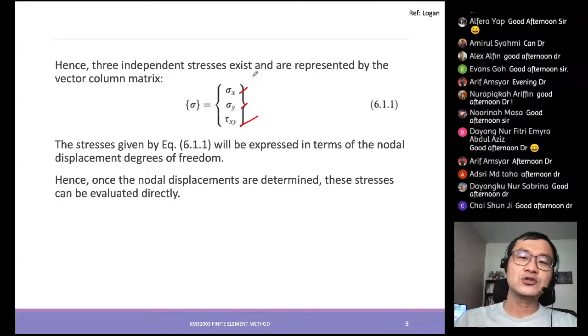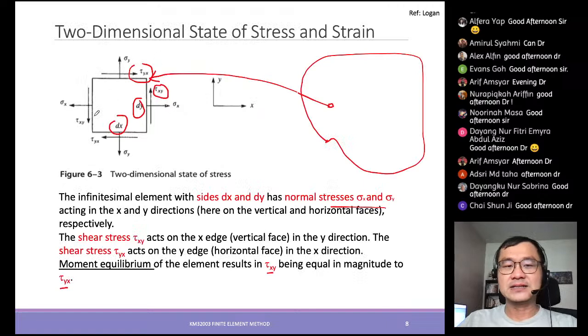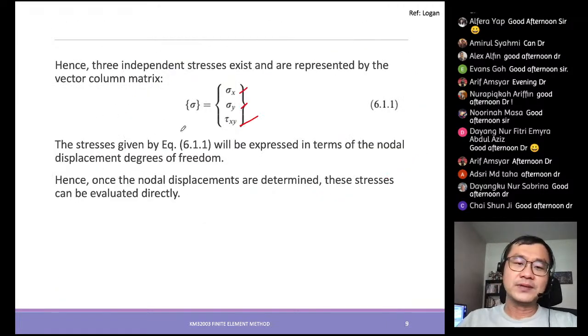We would want to solve this using finite elements, maybe for very complex shapes. So first, remember that there are three independent stresses to be solved for a two-dimensional problem.